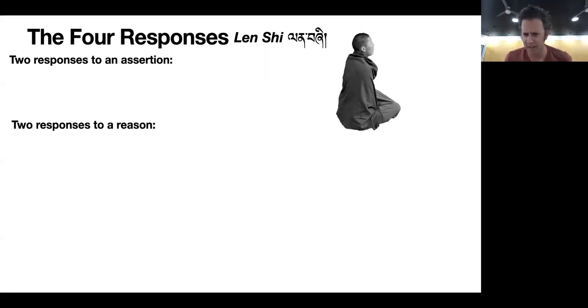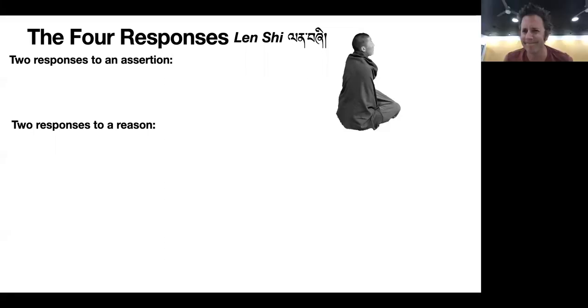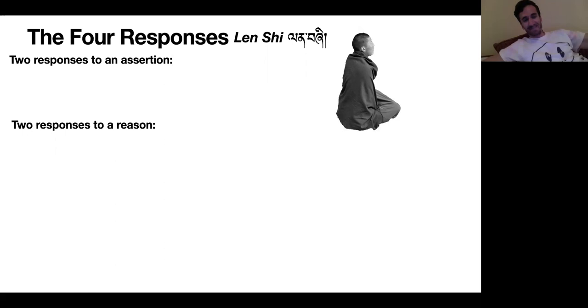Stephen, you are wearing a shirt. You want me to take it off? That is so not one of the two responses to an assertion. Sorry, I didn't know we're not supposed to wear shirts to this.